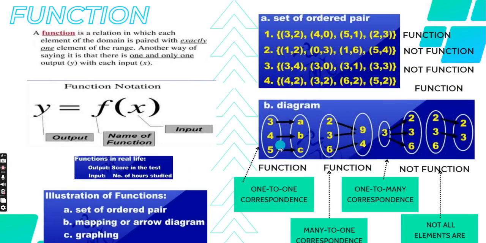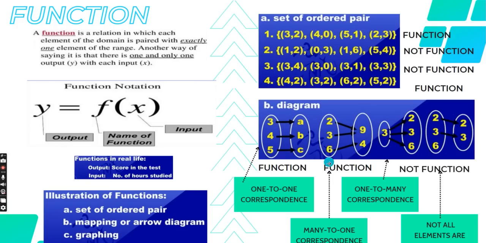Okay, so the first one is a function. We call it one-to-one correspondence because every element in the domain has its corresponding element in the range. 3 corresponds to A, 4 corresponds to B, 5 corresponds to C. One-to-one. Ibig sabihin, may kanya-kanya silang partner.